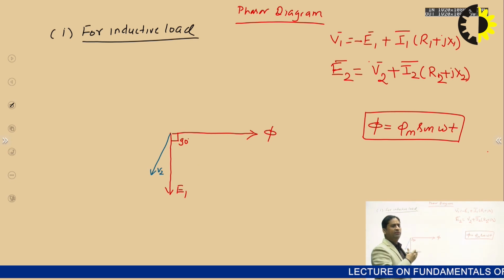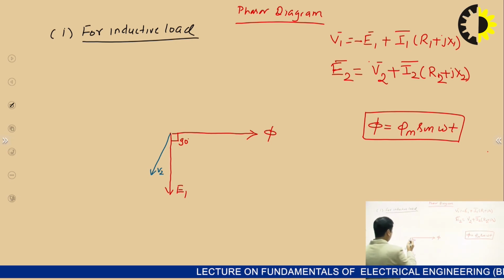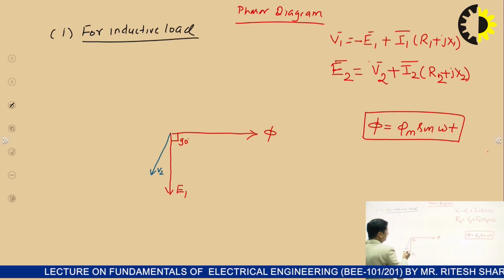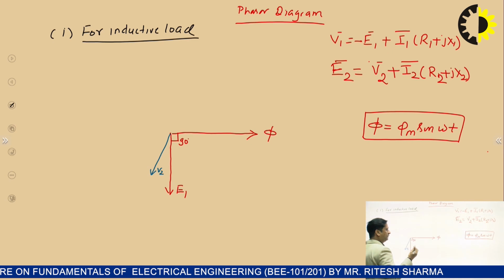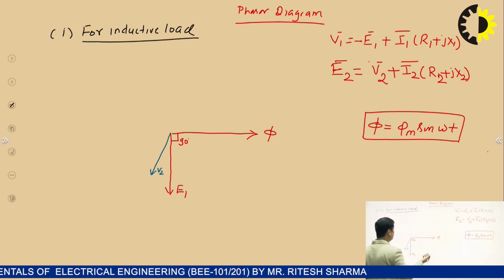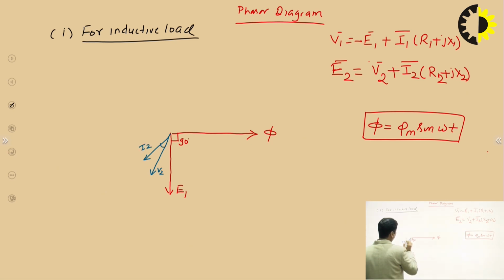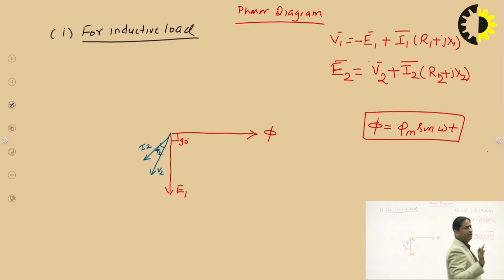V2 is nothing but the phasor of load voltage or terminal voltage, and since it is an inductive load, the current I2 will lag this voltage by some angle. Suppose the angle is phi 2, because on the load side we assume that it is phi 2. So this is our I2, and the angle is phi 2. Okay, so you can say that the current lags the voltage by angle phi 2.